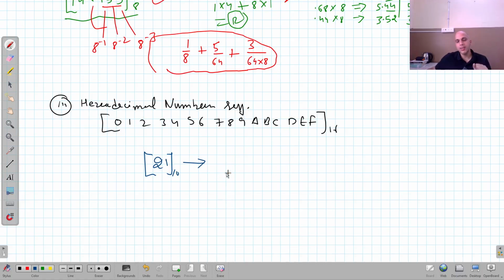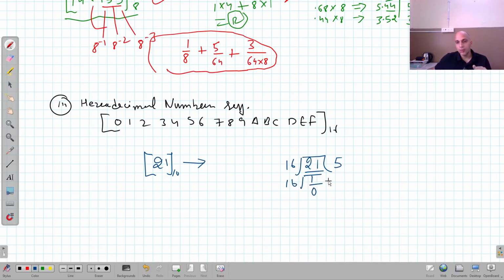So base 16 means now I have to use the division method, right? I mean, I have to divide 21 by 16, right? And then record the remainder. So 16 ones are 16, and 21 means 5 remainder. Then again 16 into 0, because 1 is not divisible.